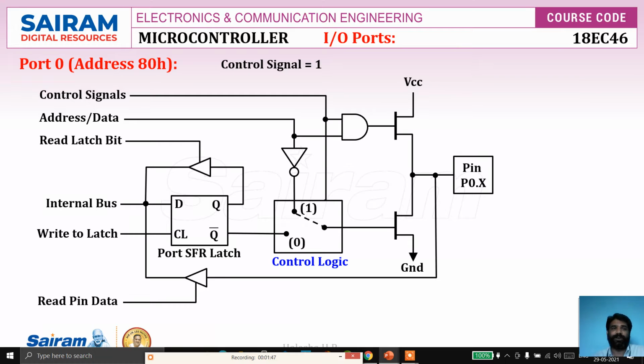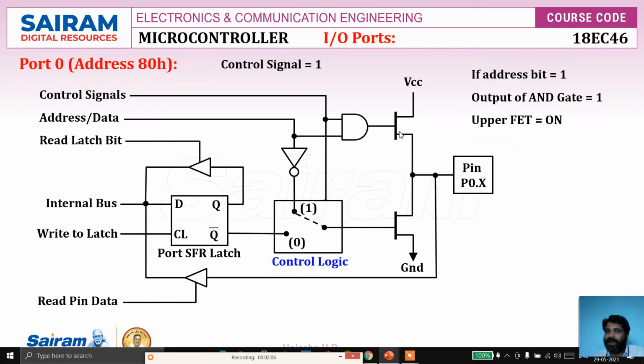As you know, to use this as address bus, data bus, the control signal must be 1. So if the address bit is 1, this control signal is 1 as input to the AND gate. If the address bit is also 1, the output of the AND gate is 1. Thereby it makes the upper FET on.